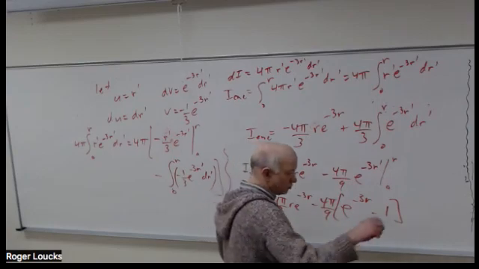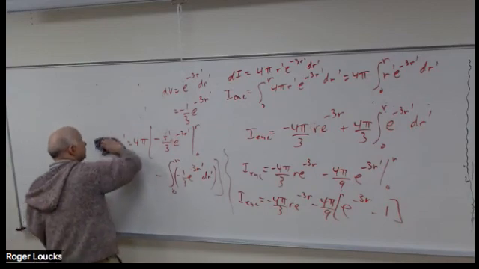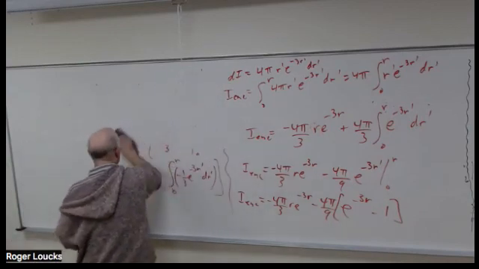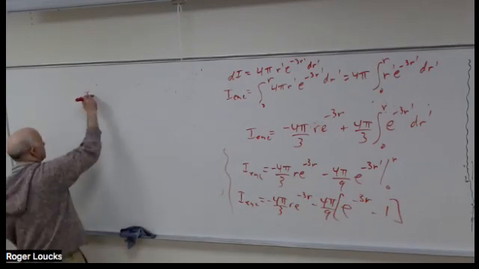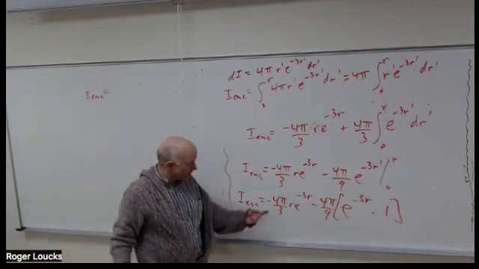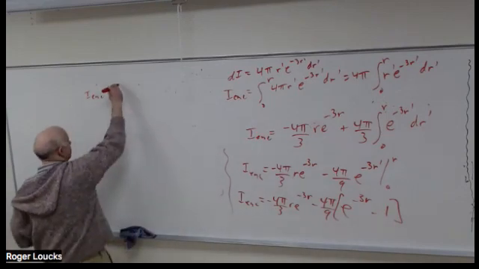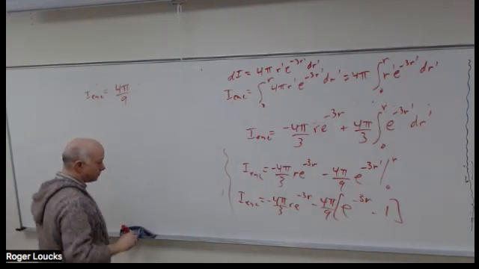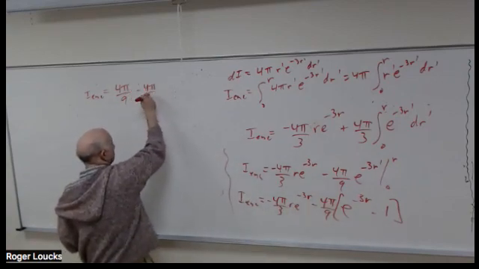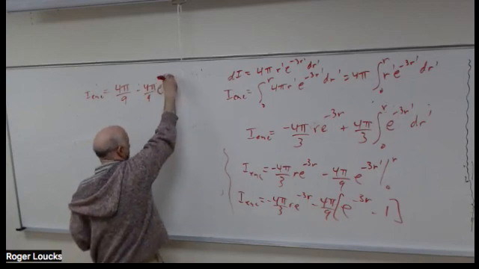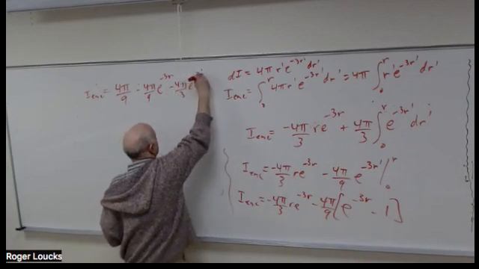If you rearrange that, what you wind up with is I enclosed equals... I'm going to start off with this positive term, then a minus and a minus. So that'll be 4π/9. Okay, then I'm going to have this term here, minus 4π/9 e to the minus 3r, then my buddy over here, minus 4π/3 e to the minus 3r.